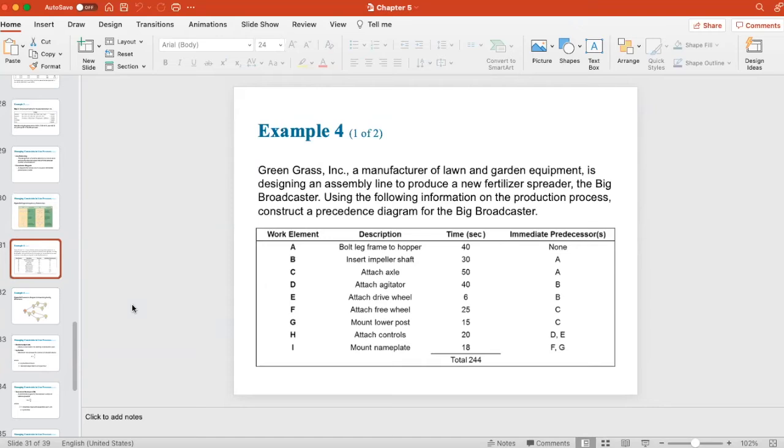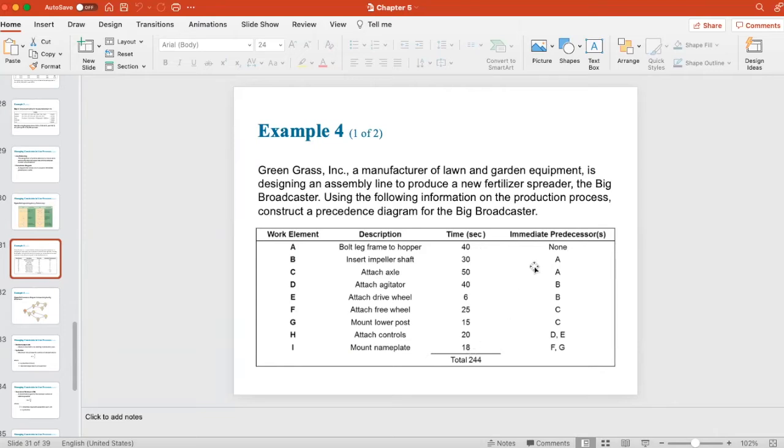Now you can clearly see that within this specific table, in order to produce the product, we include a few different work elements, starting from A until I. For every work element, there is a corresponding description, and also the specific time that we have to spend in order to complete that work element.